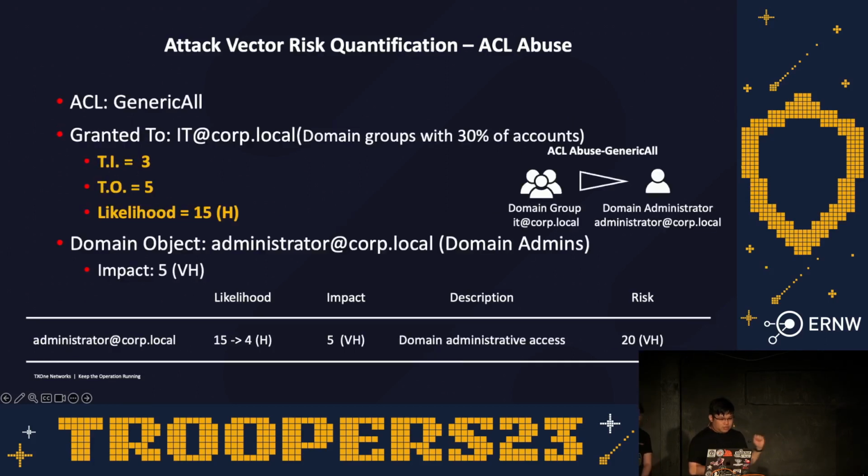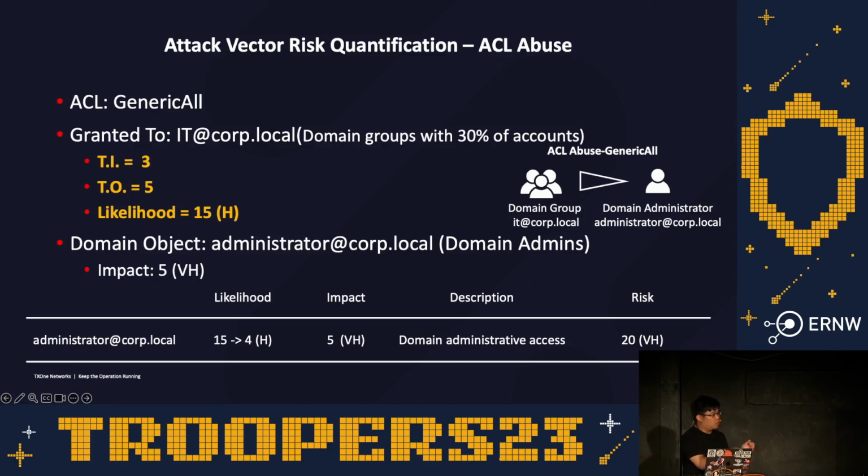Next, the most common situation we usually see is the IT group having GenericAll to the domain administrator. We assume that this IT group has 30% of accounts, so threat initiation will be 3.